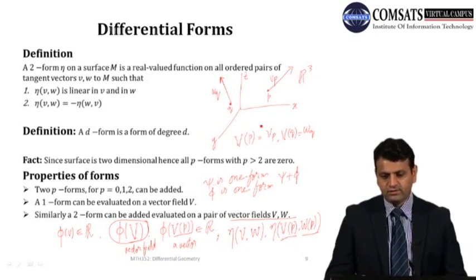So let's say हमारे पास जो vector field V था वो उसने एक vector दिया at point P जिसका point of application P है.